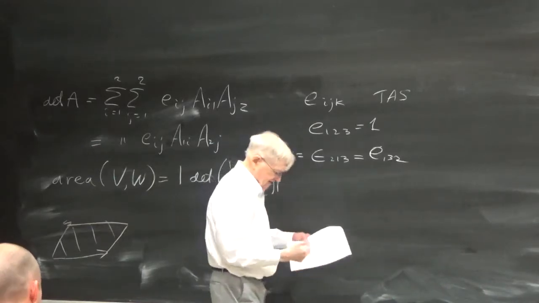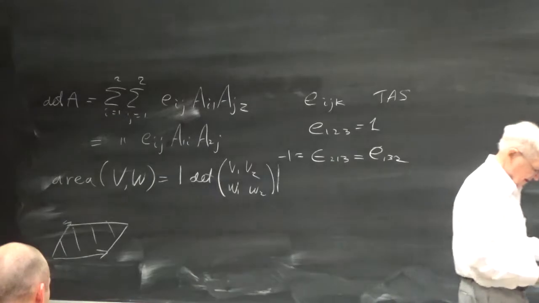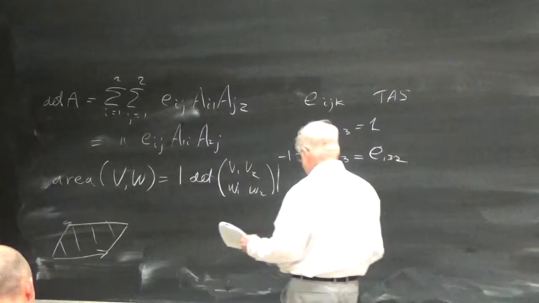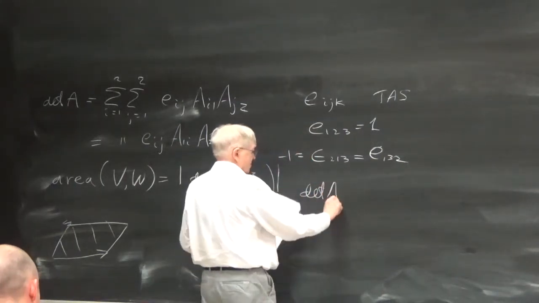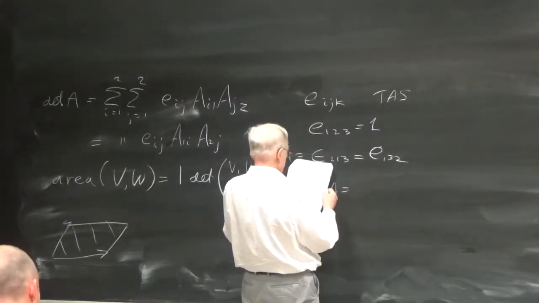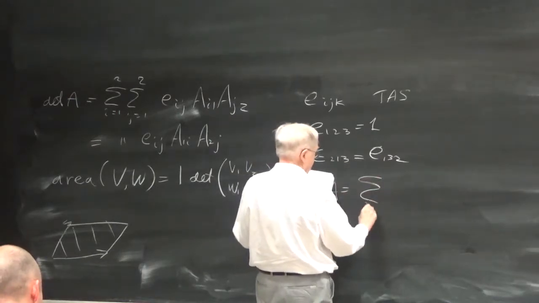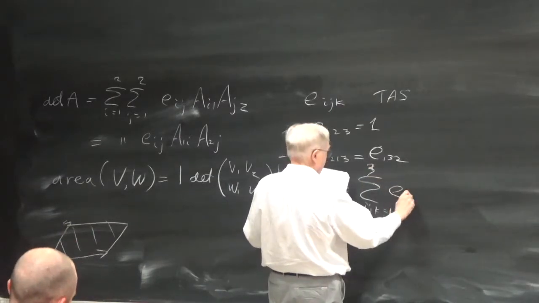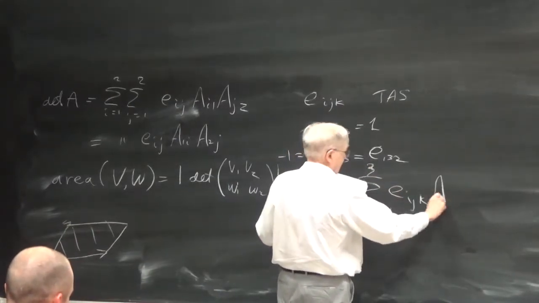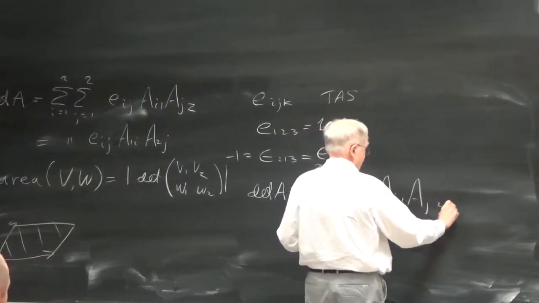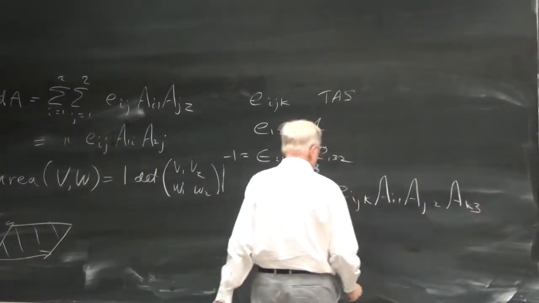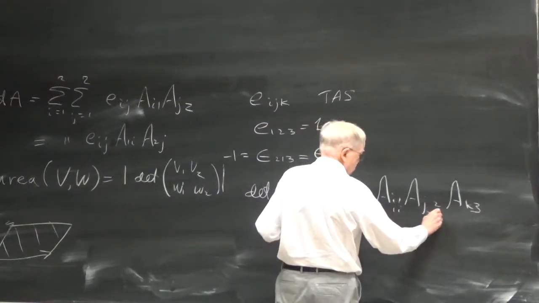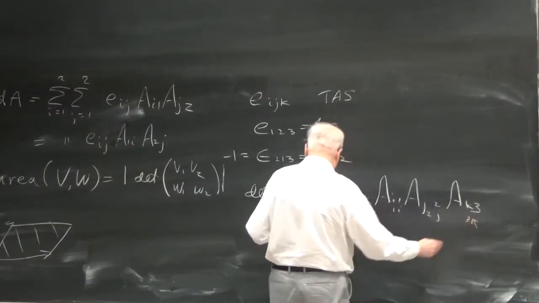And I listed all the possible combinations in the book. The determinant of a 3 by 3 matrix can be written as a sum on ijk from 1 to 3 of epsilon ijk a_i1 a_j2 a_k3, and you can also do it the same way, but with a_1i, a_2j, a_3k.